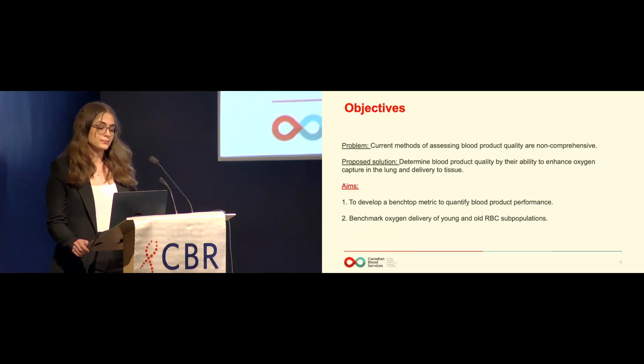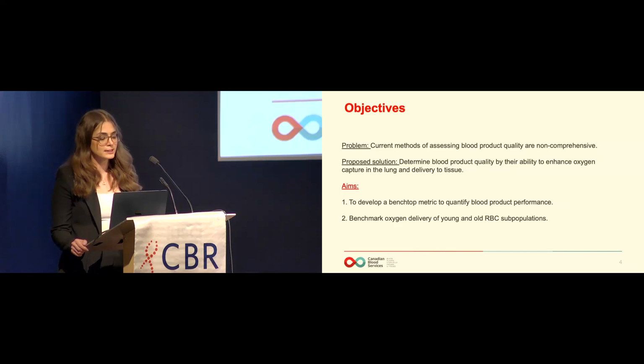As I mentioned, the problem is that the current methods do not assess the oxygen delivery of red blood cells, and we are going to determine a new method to see how oxygen delivery differs between blood donors and RBC subpopulations. So we aim to develop a benchtop metric to quantify blood product performance, and also to see how this metric differs in different RBC subpopulations.